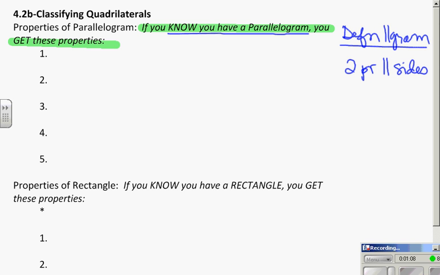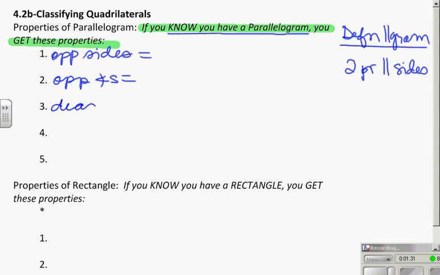we have 5 properties of a parallelogram. First one is that the opposite sides are equal. And we saw that in the homework assignment. We can figure that out by using those parallel lines and those same side supplementary. We know that the opposite angles are equal.